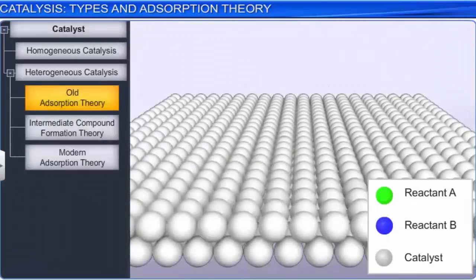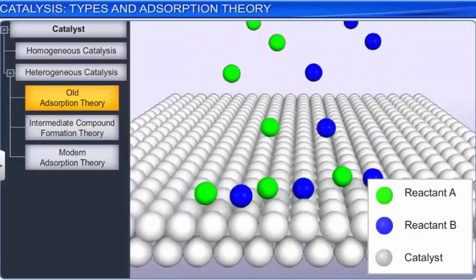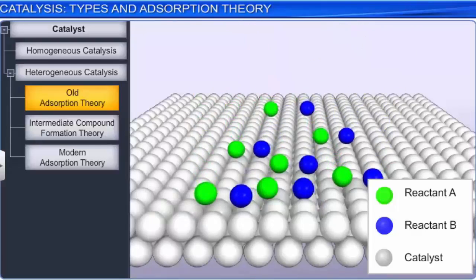Let us first discuss the old adsorption theory. According to the old adsorption theory, the reactants in the gaseous phase and the solution phase are adsorbed at the active sites on the surface of the catalyst. This results in an increase in the concentration of the reactant molecules on the surface of the catalyst. As a result, the rate of reaction increases.